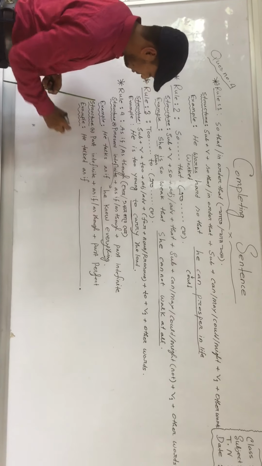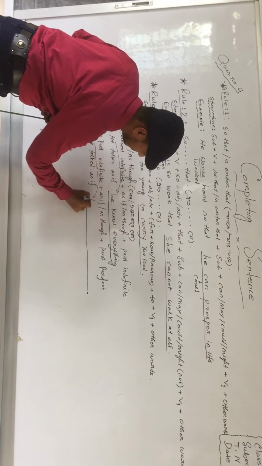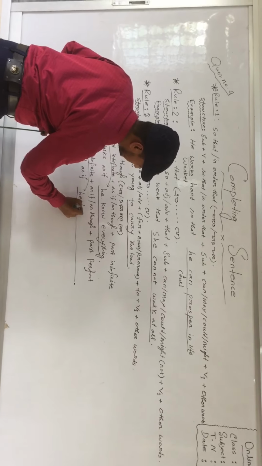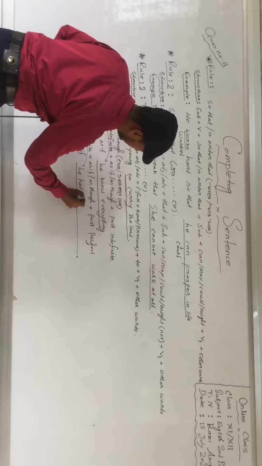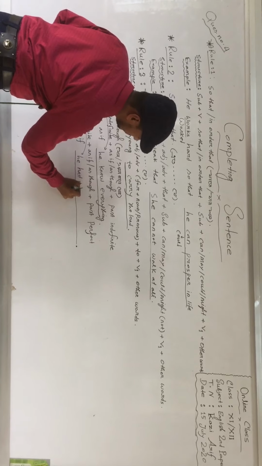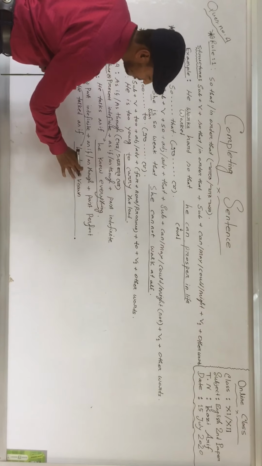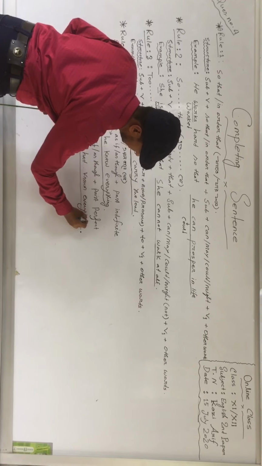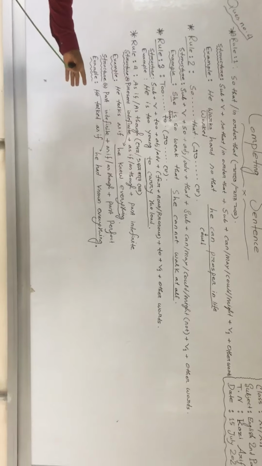The second subject will be he, past perfect, auxiliary verb had, then main verb V3: know, knew, known. He had known everything. Now this sentence is complete.